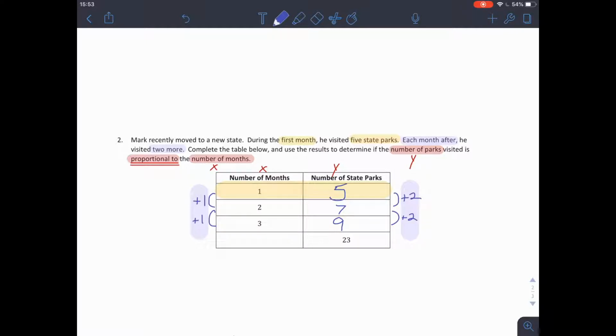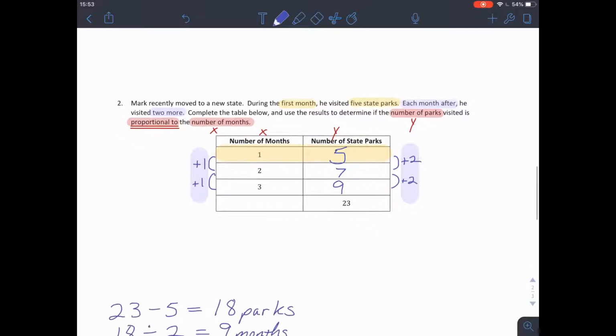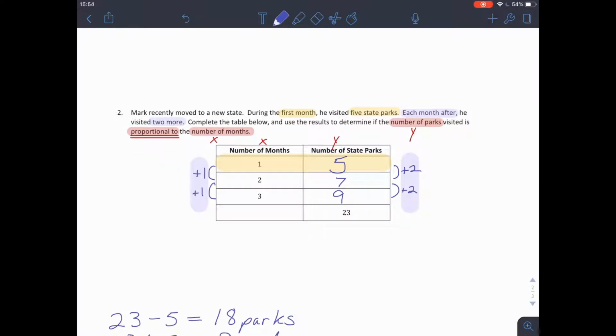The other strategy that I can use is I can find the difference between the 23 and my starting amount of state parks, which was 5. When I do that, I'm left with 18 parks that were visited after the first month. I know that after the first month, we only visited 2 parks a month, so I can take those 18 parks we visited and divide it by 2 to figure out how many more months we had to travel to get to 23 parks.